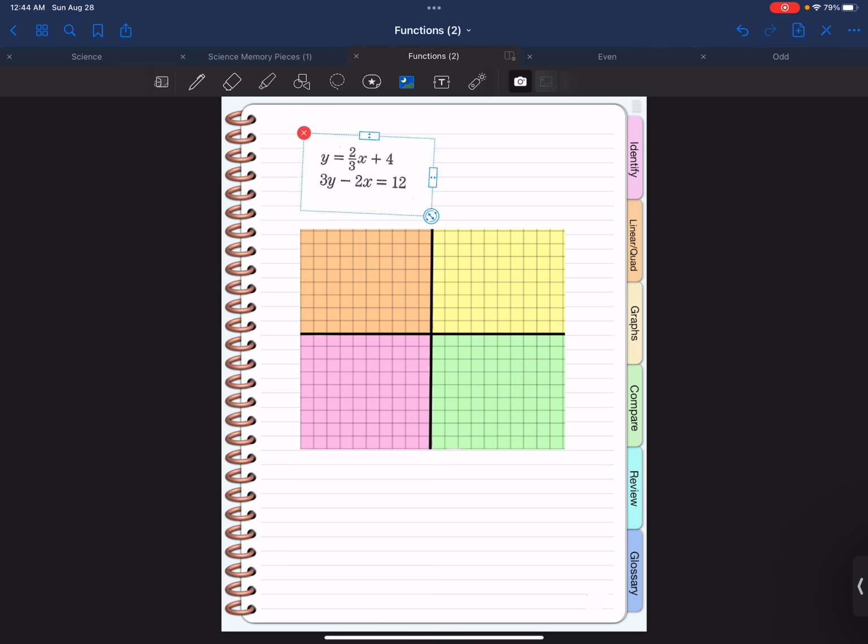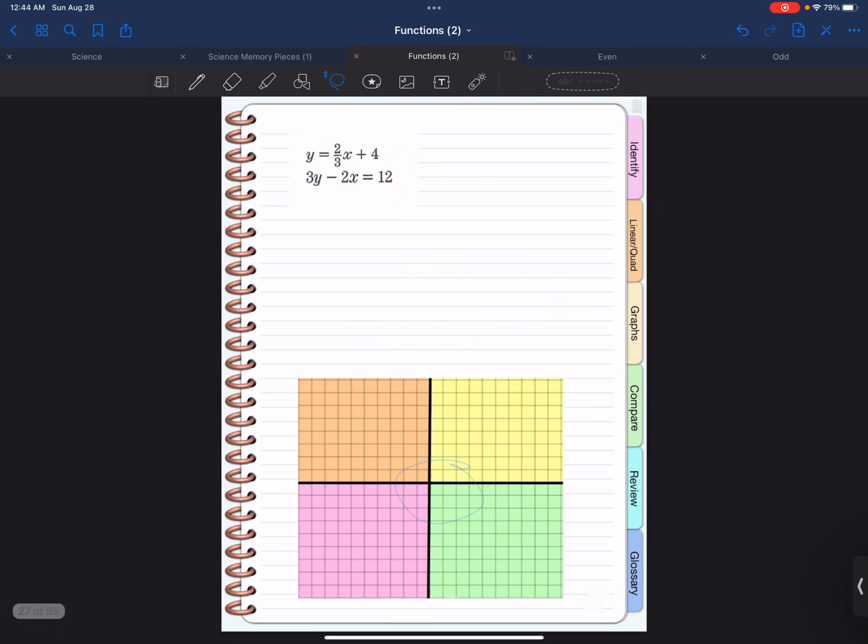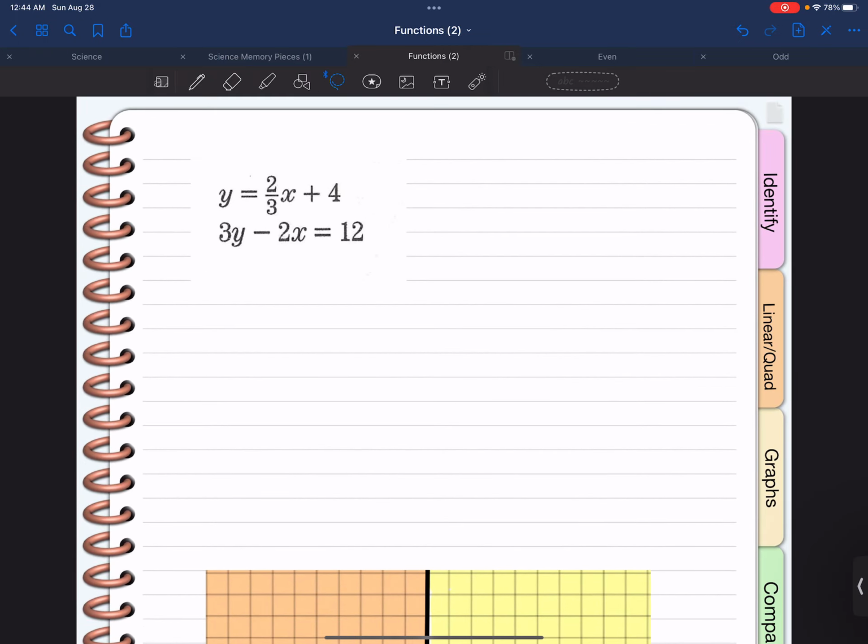So we have two equations to solve. So I'm going to pick a table of values because I need to graph. Anytime you need a graph, you need some points to put on it. So let's go ahead and choose those same x and y.